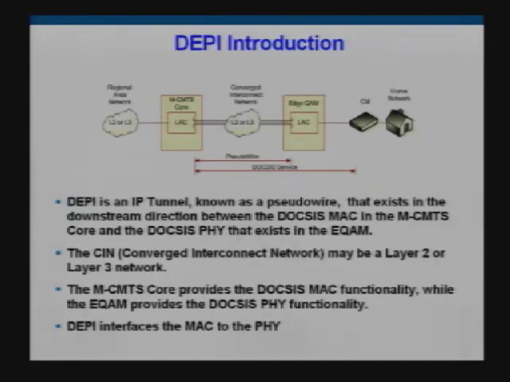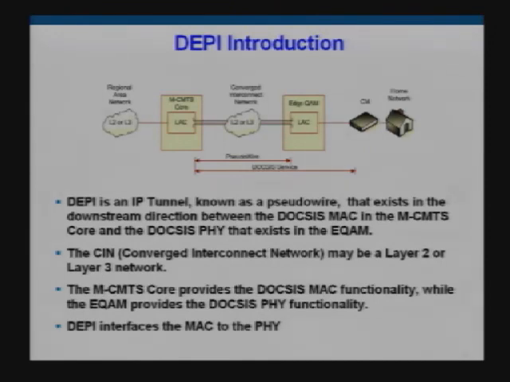So now we are going to get into some additional details of DEPI. I think somebody asked about what is the physical interconnect. So this is how it looks. DEPI is implemented based upon L2TPv3. So the basic protocol used for DEPI is L2TPv3, and CableLabs always prefers to make use of the existing protocols out there rather than reinventing the wheel.